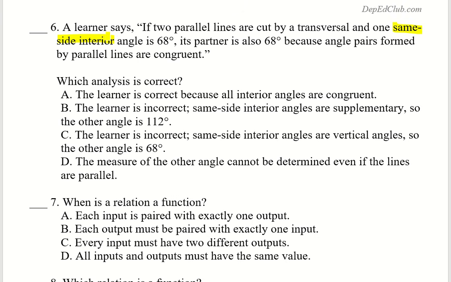So, the learner is incorrect. So, it's either B or C. Okay, so it will be letter B. The learner is incorrect. Same side interior angles are supplementary. So, the other angle is 112 degrees. Hindi po siya dapat pareho, unless 90 degrees yung ating angle. Again, ang same side po ay supplementary pair.